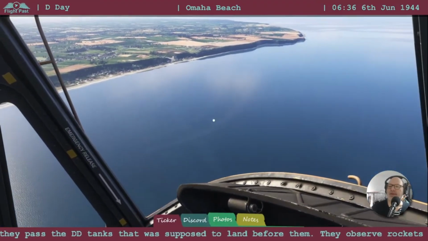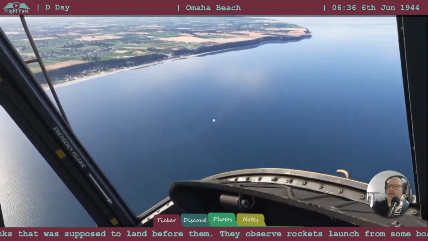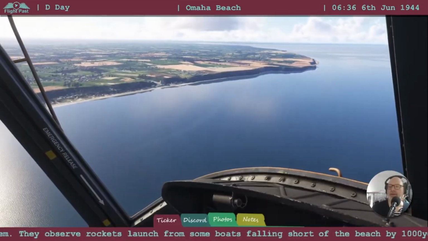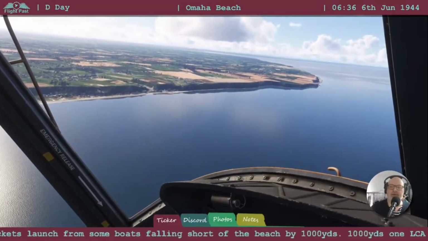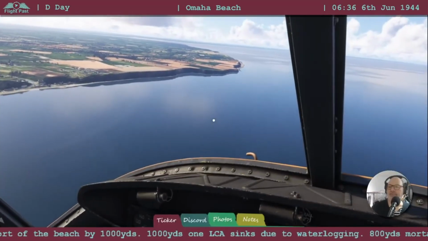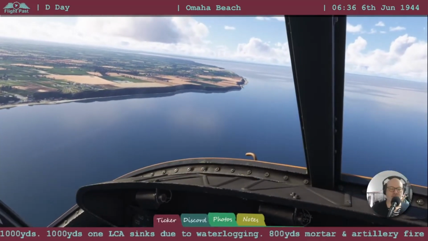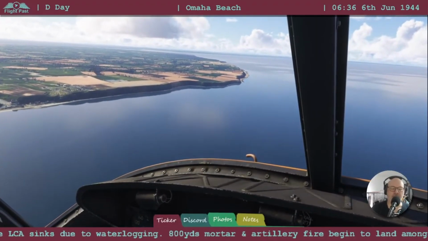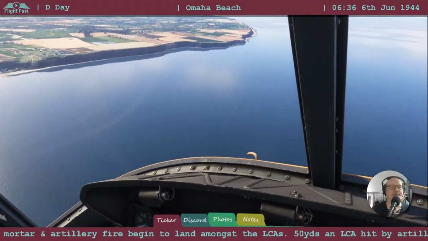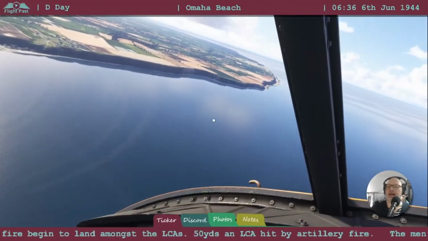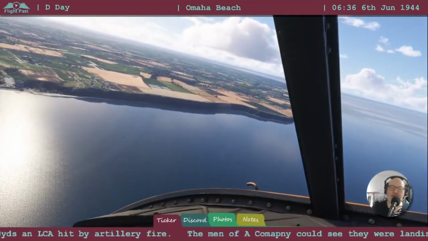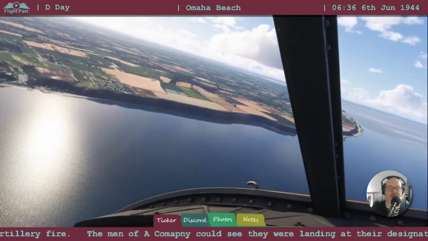So organization-wise, the initial assault on Omaha itself is by these things called regimental combat teams, the 116th and the 16th.